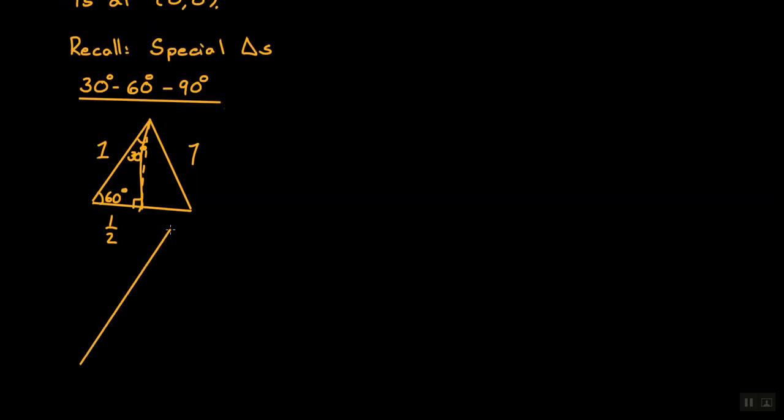Cool, and I'm going to draw another one below, and we'll talk about this here in just a second. I don't want a decimal, just so you know, I want an exact answer. You can check it with the decimal, I don't have issue with that, but I do want an exact answer.